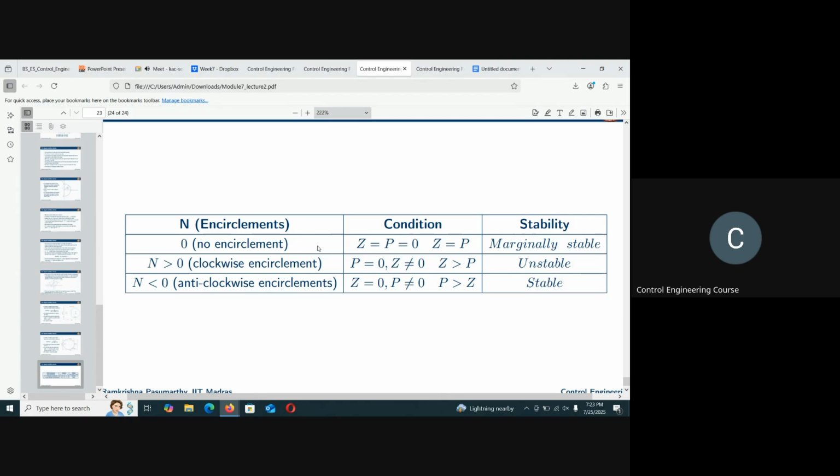You take the mirror image about the horizontal axis, because replacing j omega by minus j omega is basically negating the imaginary part, which is reflection about a mirror placed horizontally, correct? That we'll see later, but for now, see if this makes sense.